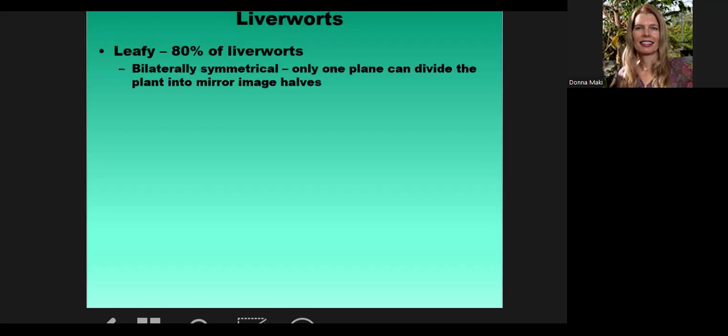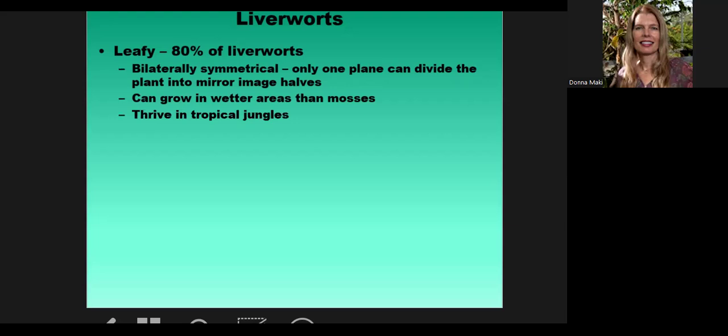And they're bilaterally symmetrical. That's different. That's how I tell the difference between a leafy liverwort and a moss. I have to think about that idea when I'm out hiking around. There's only one way to cut a liverwort to get mirror images of the halves. They're a little bit happier being water soaked.